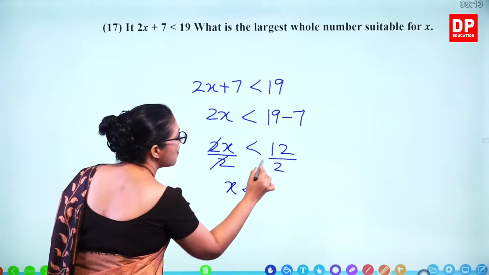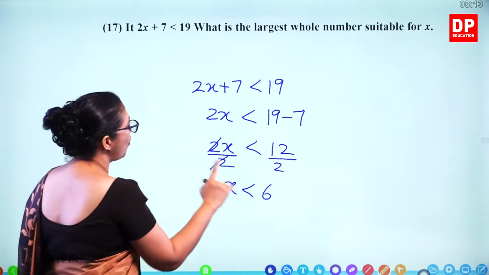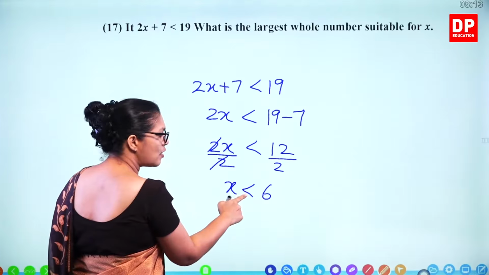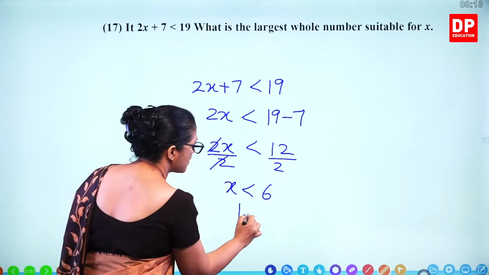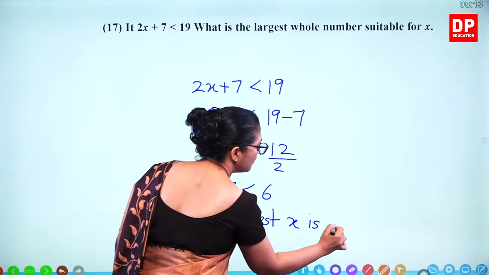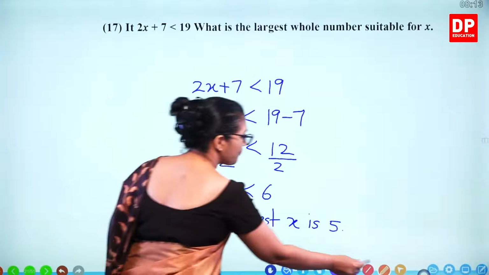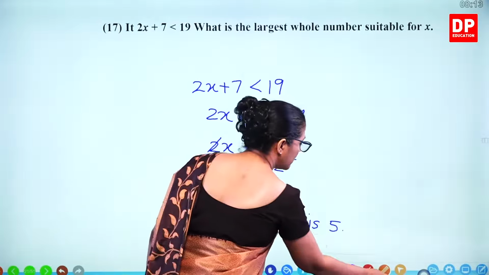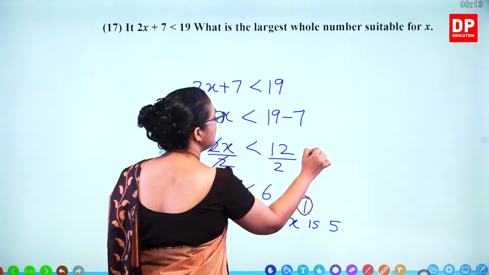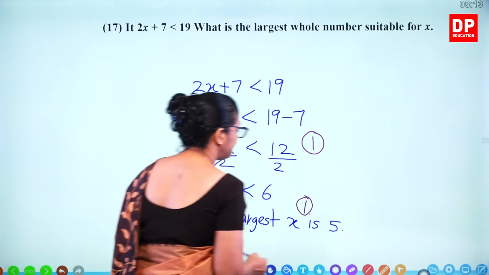So x becomes less than 6. So what is the largest whole number? 6 is not included. So the largest x is 5. So 2 marks. 1 mark here and 1 mark for solving the inequality.